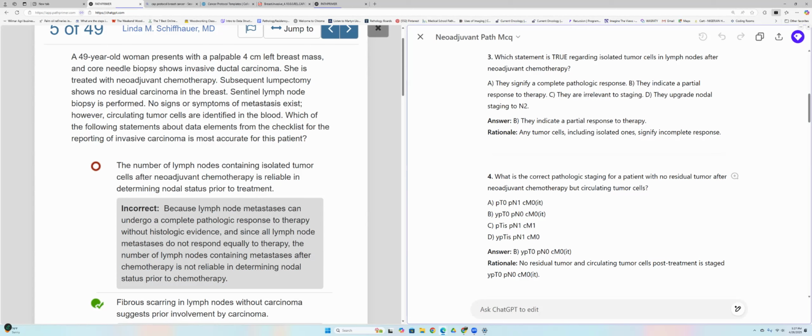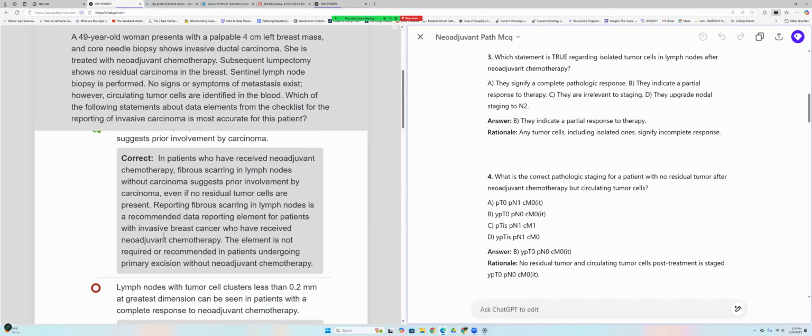Incomplete response. You get partial response because of the isolated tumor cells. That's why we put it in I plus. So they indicate partial response to therapy. Any tumor cells, including isolated ones, signify incomplete response. In the lymph node, partial response. In this patient, there was nothing in the lymph node, but it was circulating. That's why it was cM0(i+).